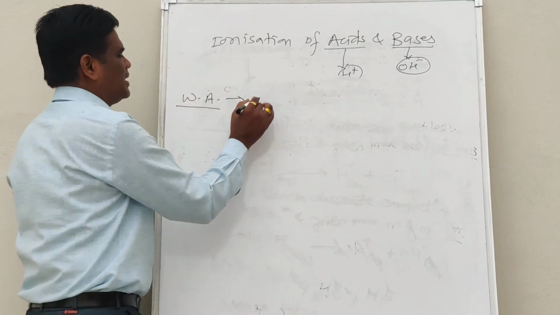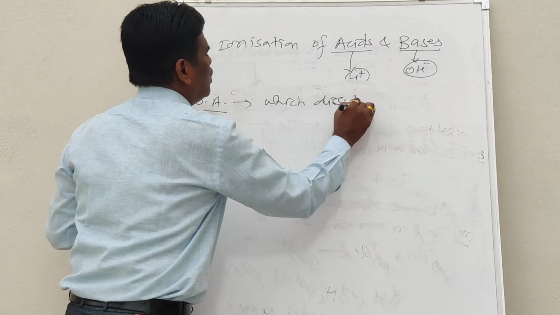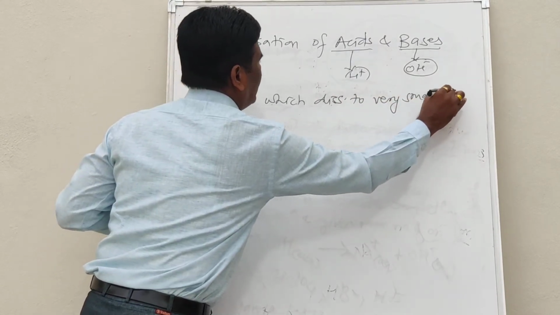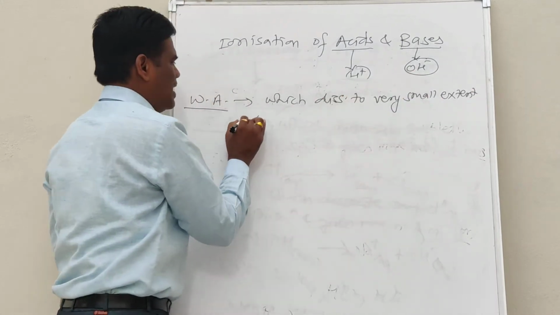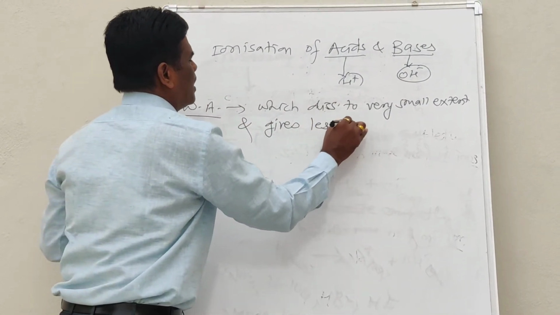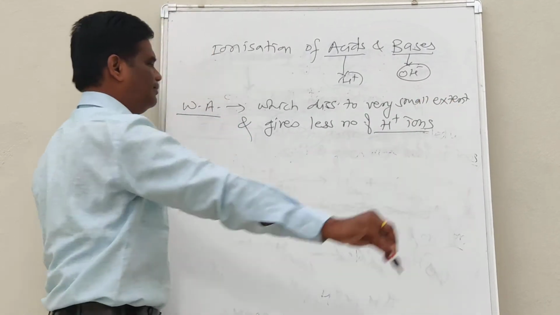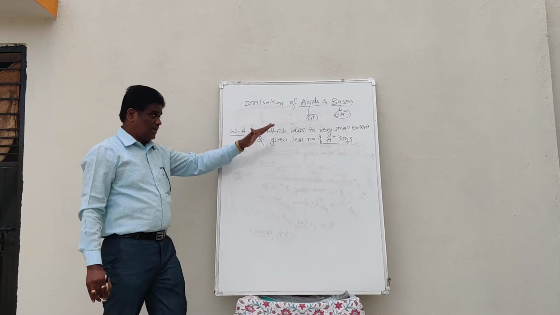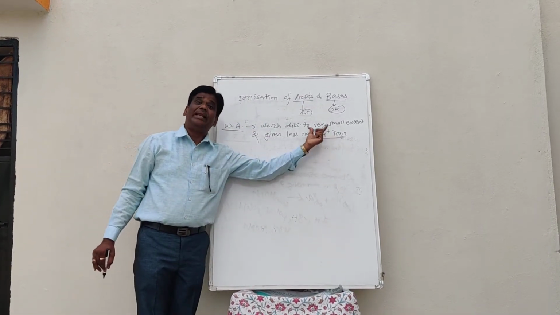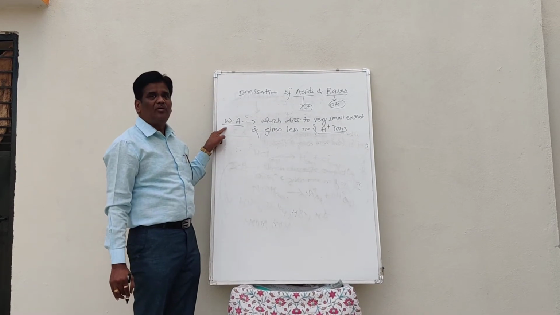Weak acids are those acids which dissociate to a very small extent and give less number of H plus ions in their solution. Once it dissociates to a small extent, it gives very few H plus ions, and therefore such acids are called weak acids.